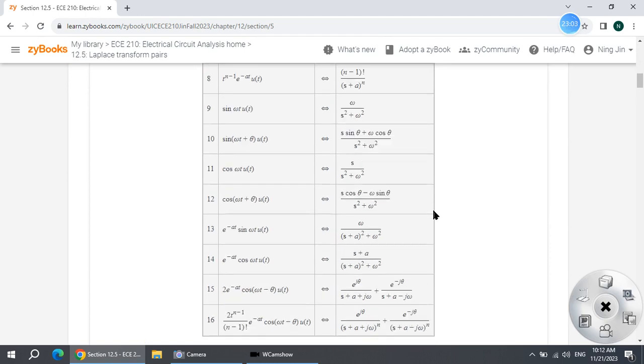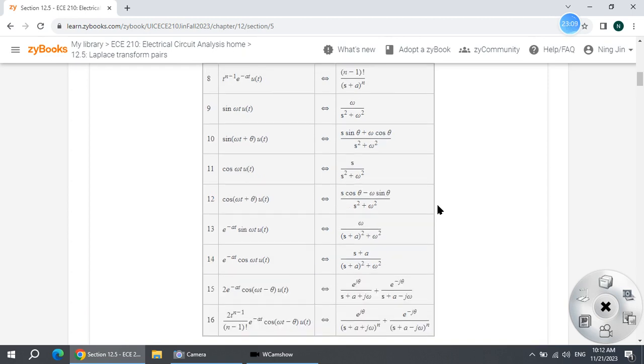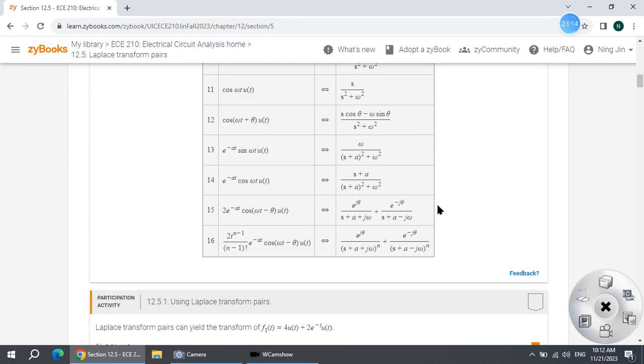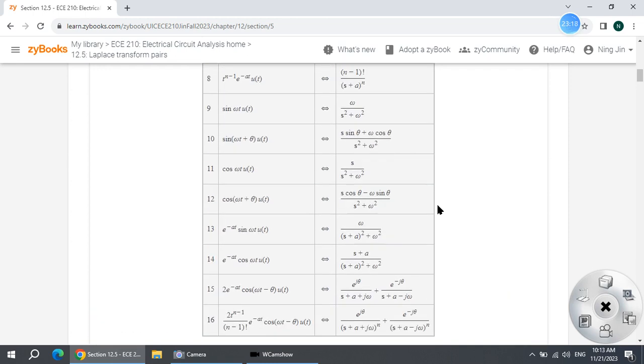We have numerator s, denominator, okay, we do not have directly that one, but we have these 13 and 14. You see, 13 and 14.